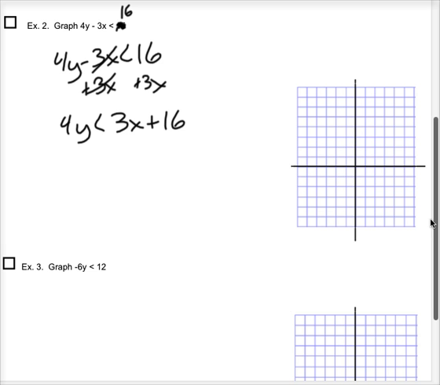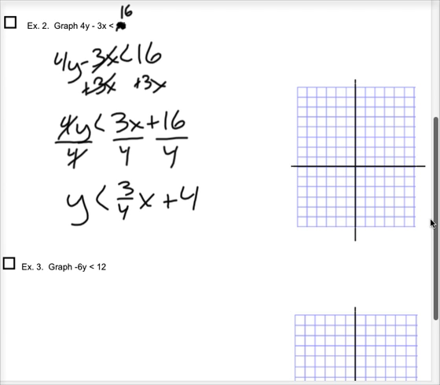So I've moved my x. Next, I'm going to divide everything by 4. So now my line is graphable. 3/4 x plus 4.